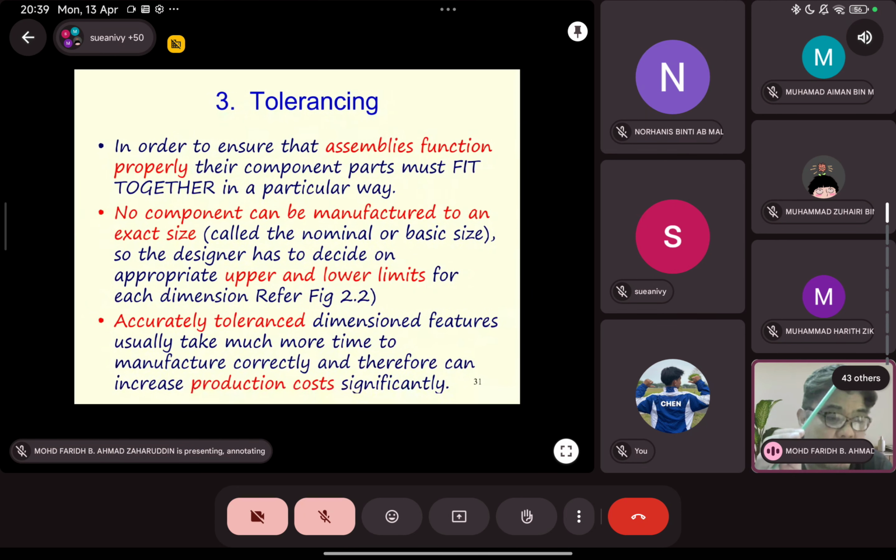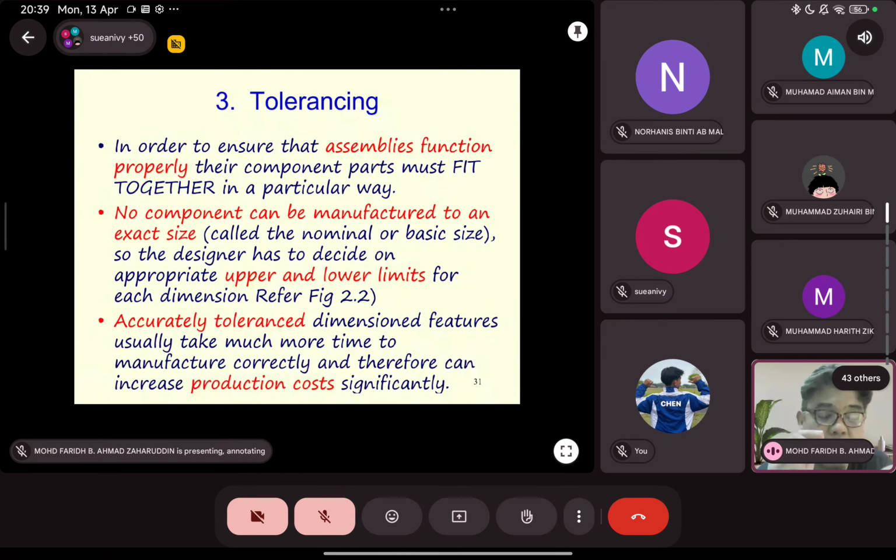So if anybody asks you what the nominal size or basic size is for 30.010, you have to answer 30 mm.